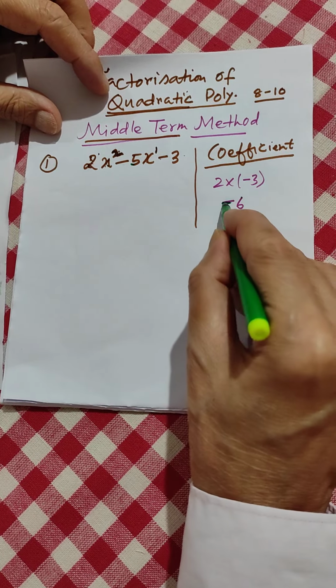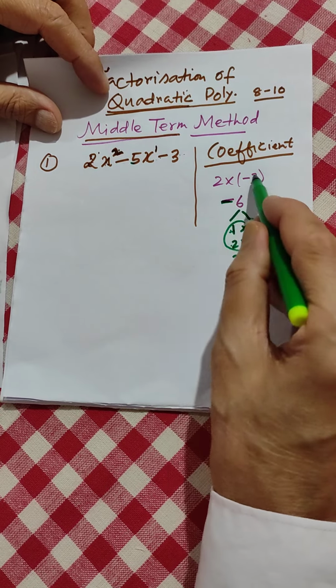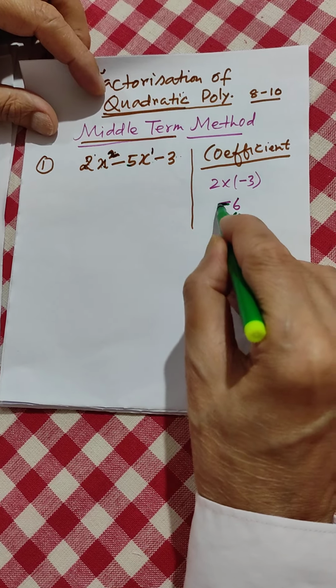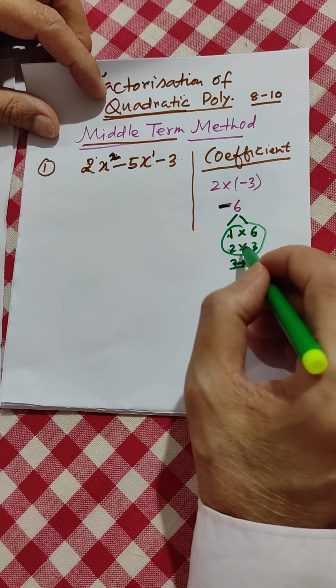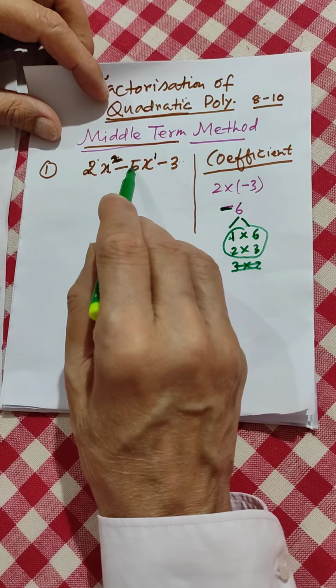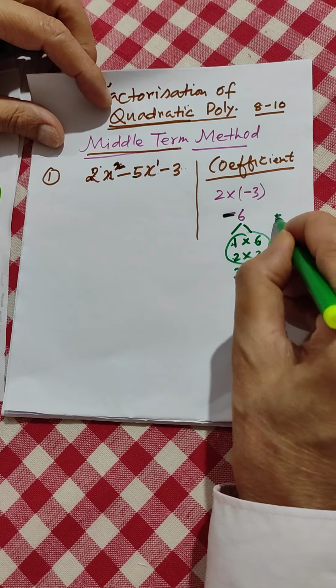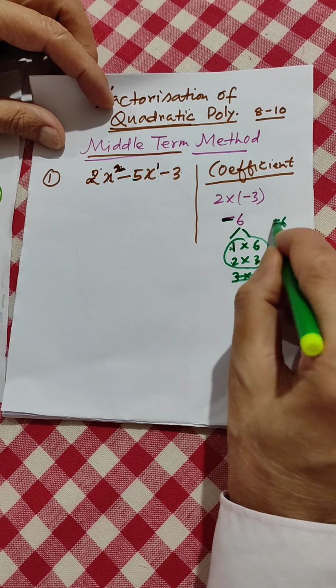For that purpose you see this sign, minus. So 2 into minus 3, when we multiplied, we got minus 6. Now this is negative. So we'll take the two factors whose difference is 5. This is minus, therefore we'll take the difference. If it is plus 6, we will take the sum. Okay, that is the rule.